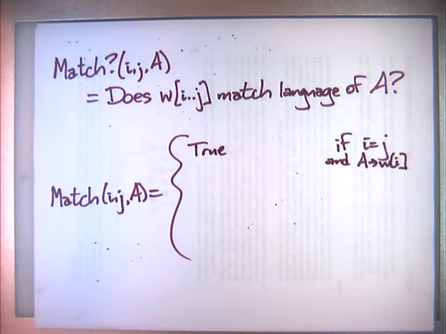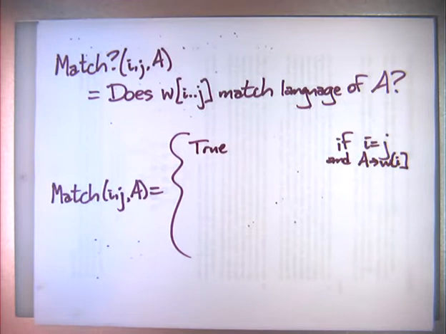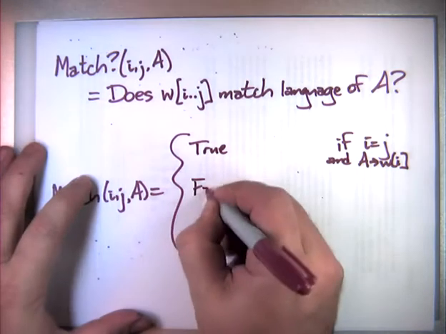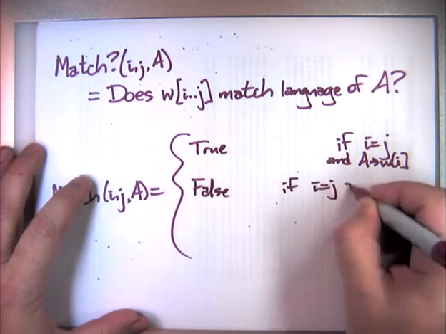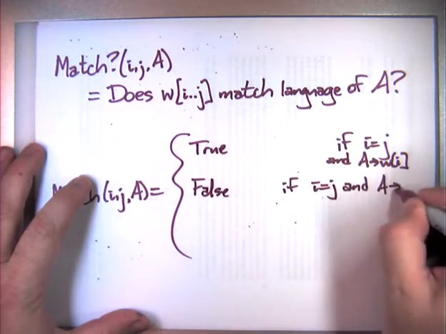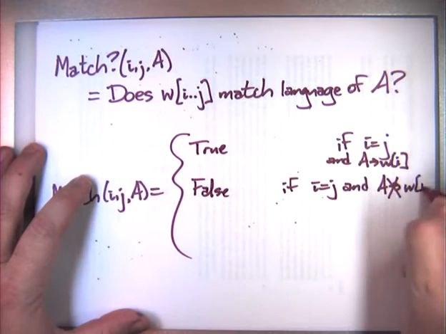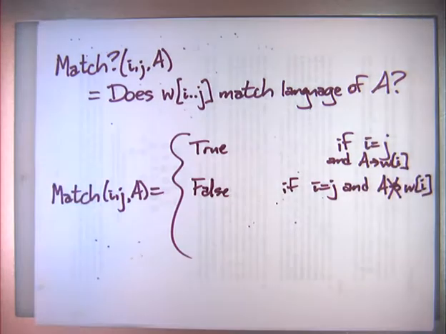If there's a production rule that goes from this non-terminal directly to the ith symbol in the input string, then the answer is yes, I applied that production rule. Okay? False if I equals J and there's no production rule from A to W_I. And those are the only two things that can happen when the string has length 1.